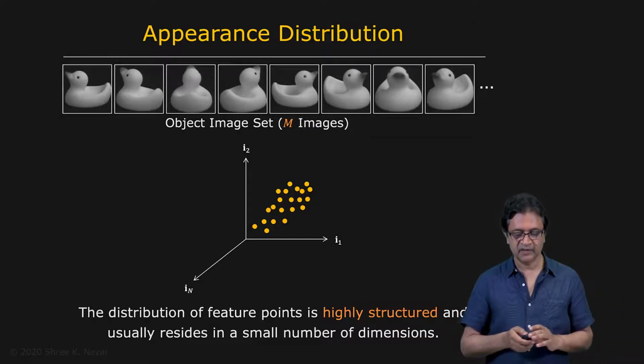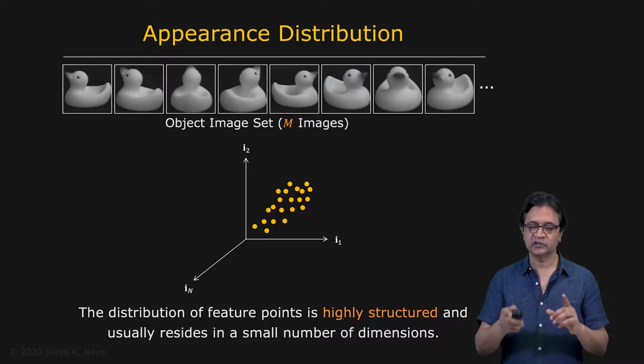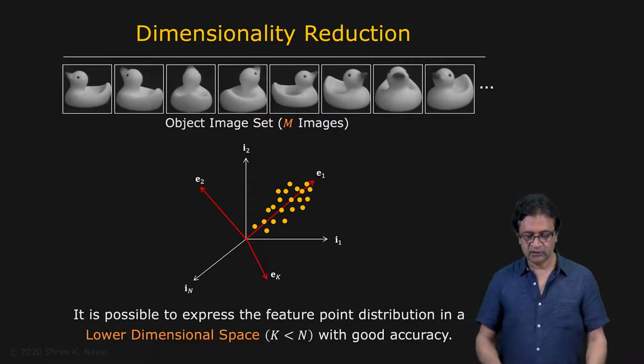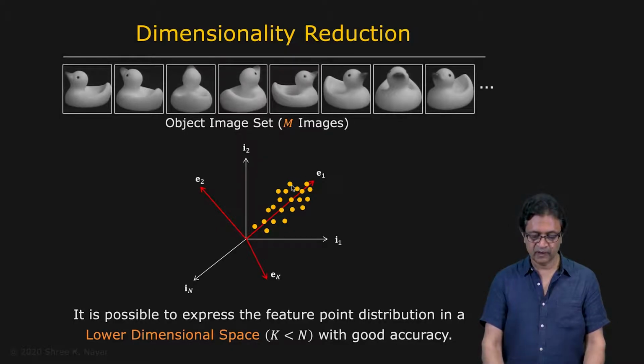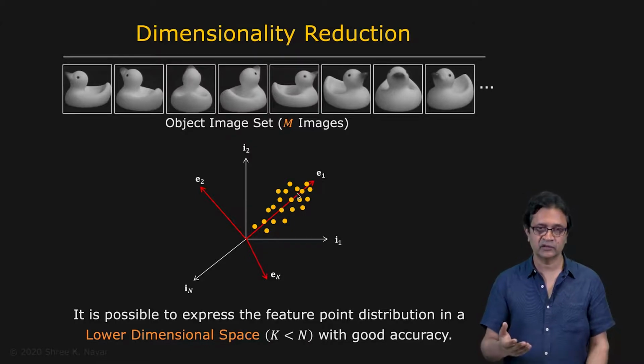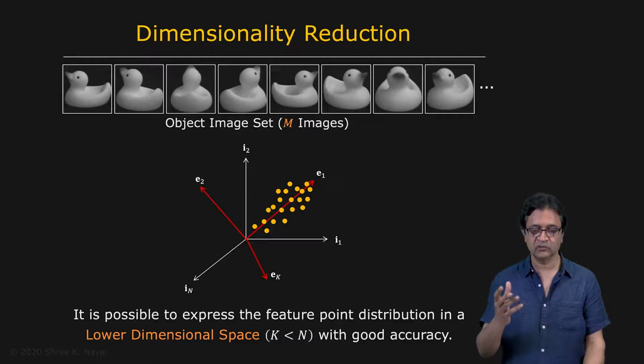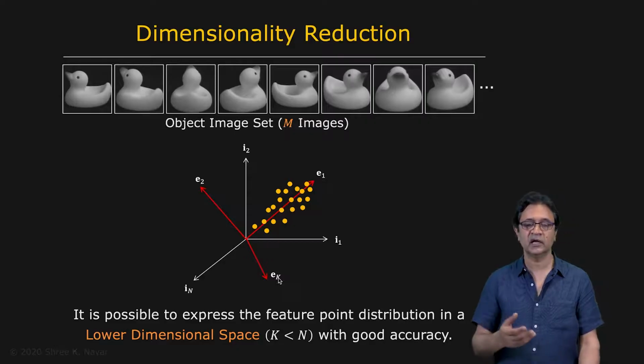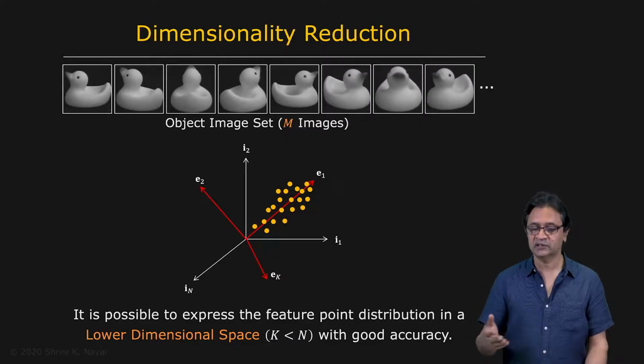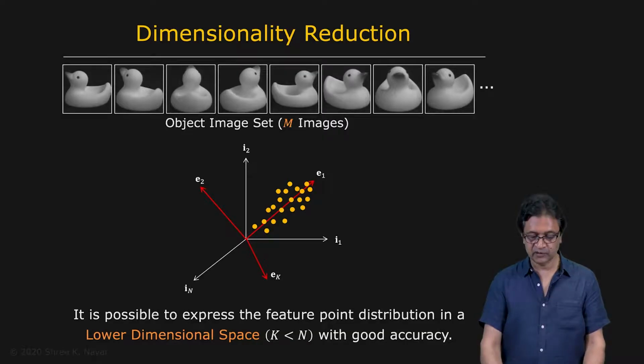So let's now talk about dimensionality reduction and principal component analysis. Let's say that we have a distribution in n-dimensional space, but we can somehow estimate a subspace which resides within this n-dimensional space. And let's say that this lower dimensional space is given by k vectors, all orthogonal to each other. So it's an orthonormal basis. So you have E1 through Ek, where k, let's assume, is less than n, and hopefully much less than n. So you have this k-dimensional space.